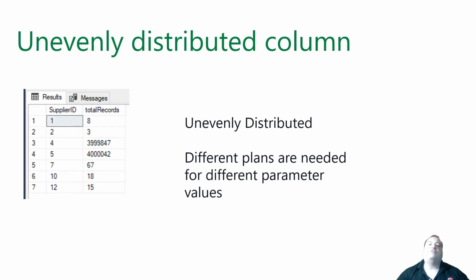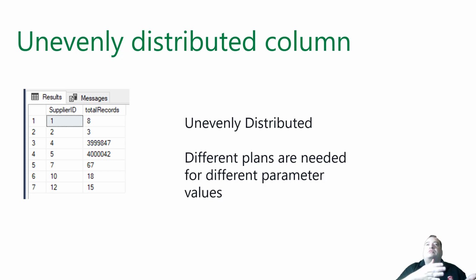However, if the values are not evenly distributed, what happens? In this example, you will see that suppliers 4 and 5 have a completely different number of records. This means that the query plan which supports supplier ID 2, for example, will not work well for supplier IDs 4 and 5.